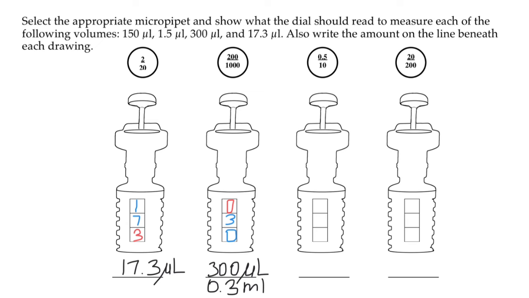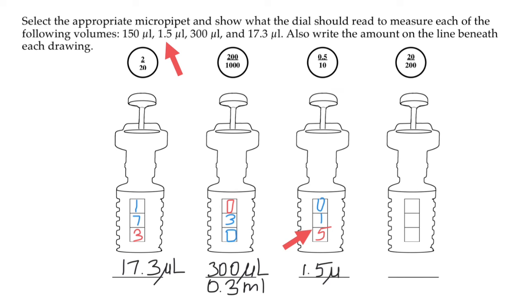And this decimal point here means that we also should have a decimal point on our dial. Actually, what we are going to see here is 0 and then 1 and 5. 5 in a different color here means that we have a decimal point here. So we read it as 1.5 microliters.